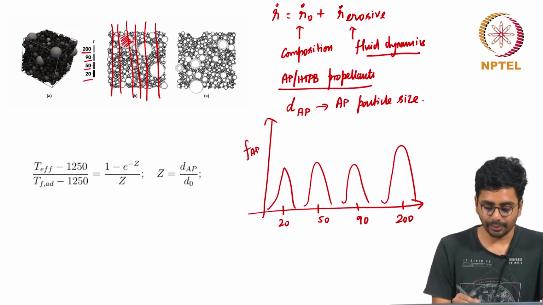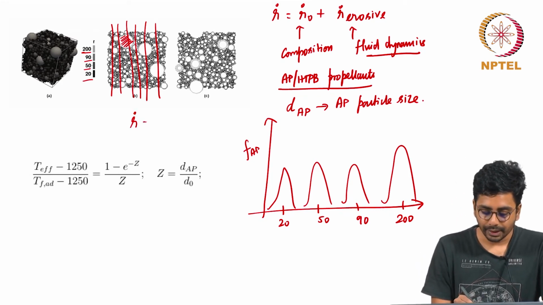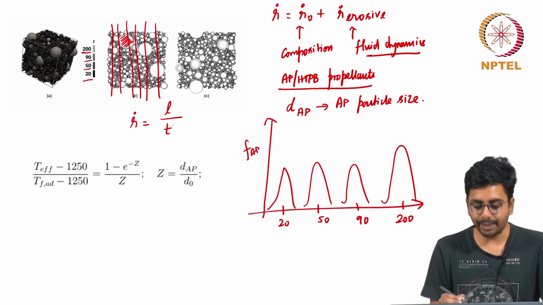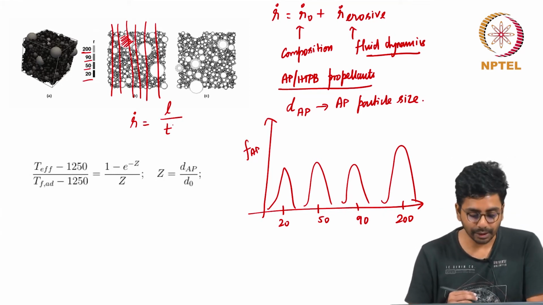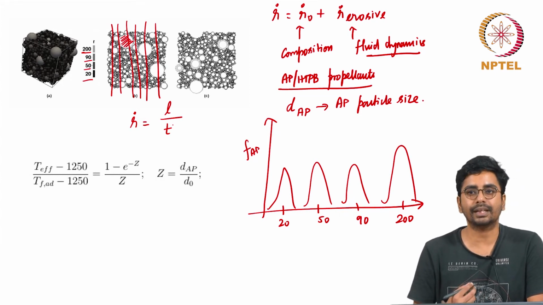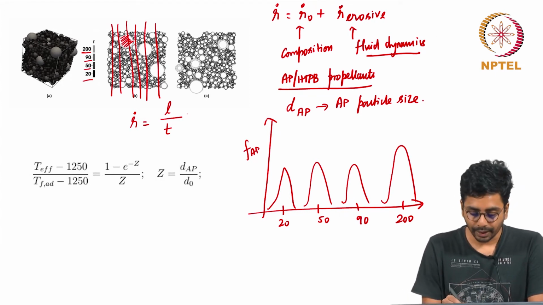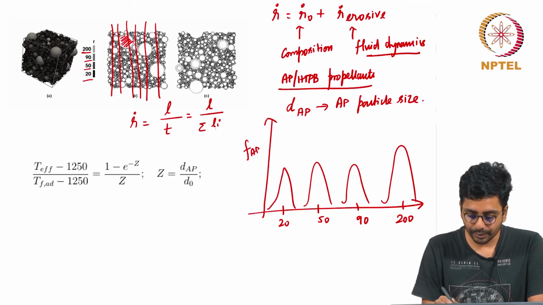So, the burn rate of a propellant is simply the length divided by the average time that it would take for such a statistical particle path to burn, and that time is the sum of the times of particles of different sizes.